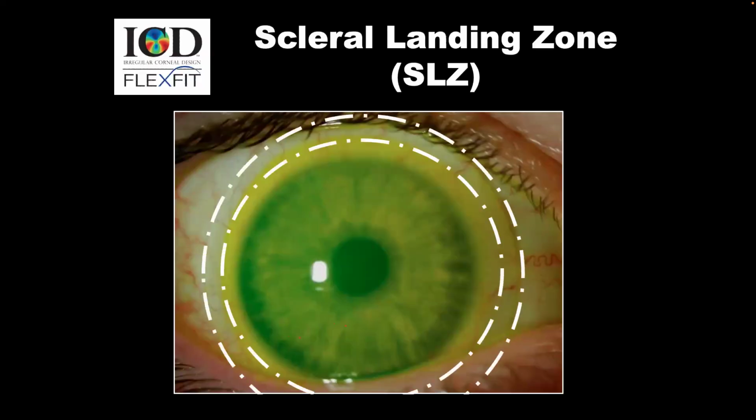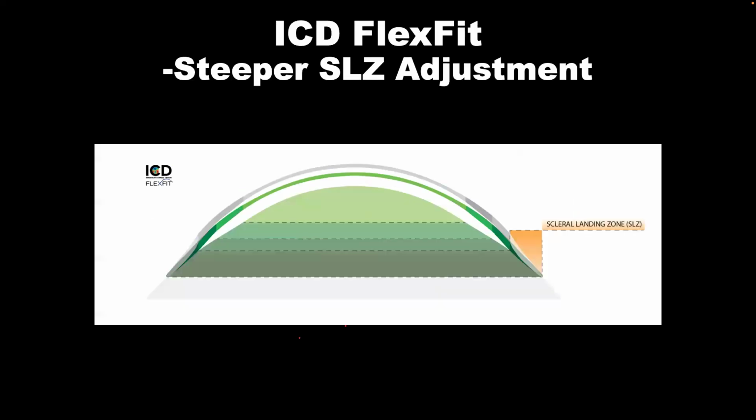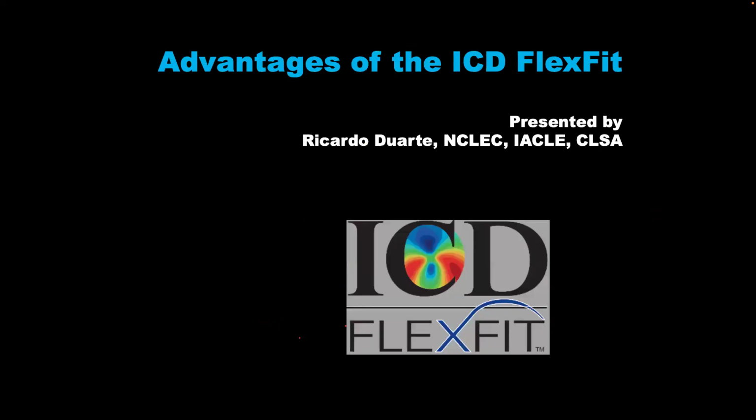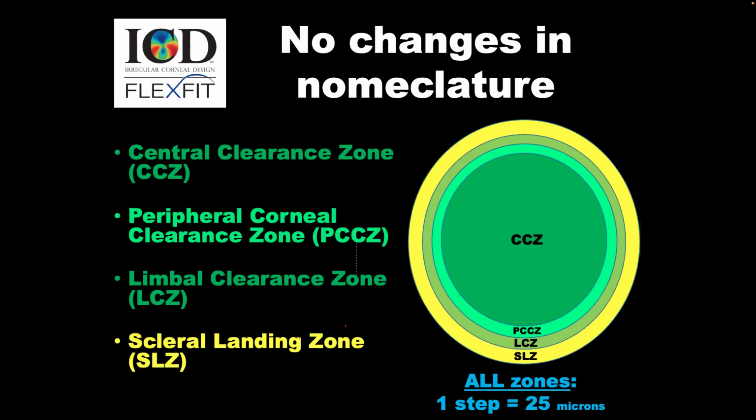So with that being said, let's go to the key points and the advantages of the ICD Flex. Again, just remembering that we have 4 zones: central clearance zone, peripheral corneal zone, limbal zone, and scleral landing zone.